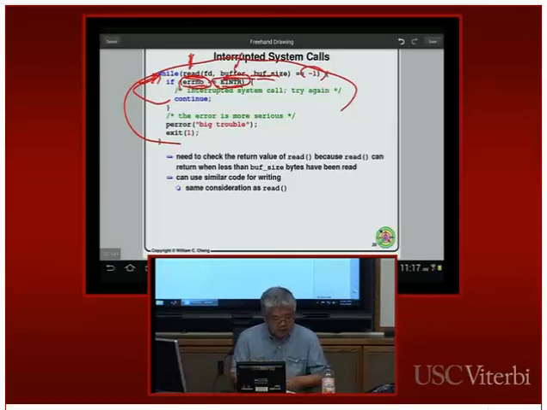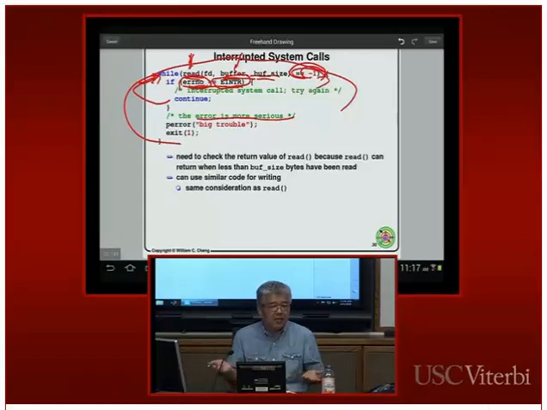If the error number is not equal to EINTR, then the error is more serious, because read returned -1 and normally it's not supposed to do that. So maybe you will print an error and then exit. You will use perror to print the right error message.